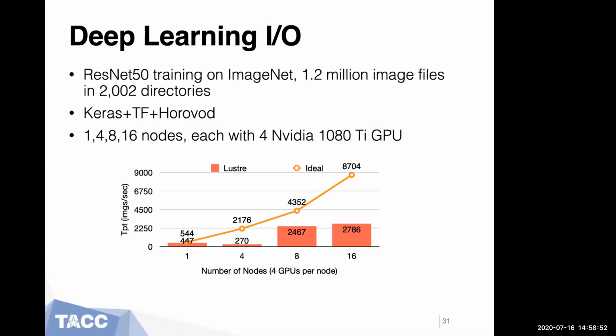This gold line is the linear scaling performance. It's the target, the ideal case. But we can only achieve about 50% on 8 nodes and maybe about 30% on 16 nodes, right? The scaling efficiency is very bad. This is due to the Lustre file system metadata management implementation. So this just doesn't scale.